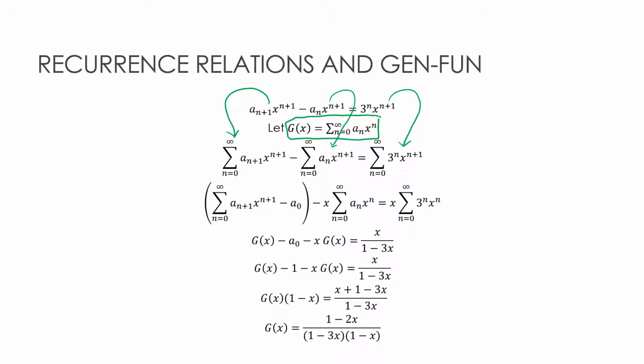Well, just as we did last time, if you'll notice, we've got the n plus 1 here, so we're just 1 off. So just as I did before, I'm going to subtract a 0. So by doing that, I essentially have g of x, and I'm subtracting a 0 from it.